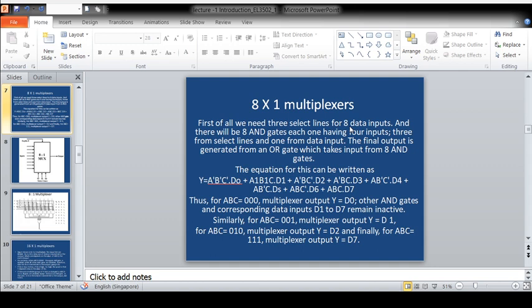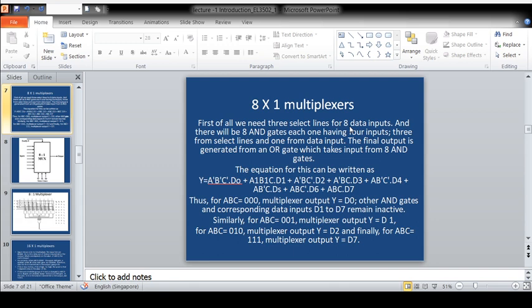Now, similarly, we can increase the number of inputs. How can we do that? We can increase the number of input channels by increasing the number of control signals. So instead of 2 control signals, if we have 3 control signals like A, B, C, we can have a bus bar system with A and A bar, B and B bar, C and C bar.